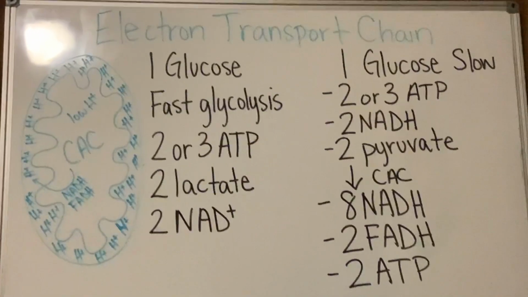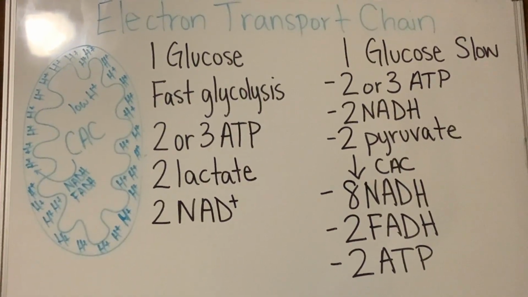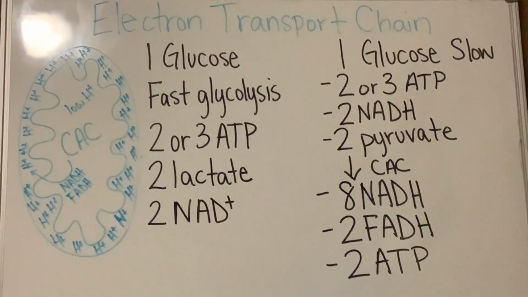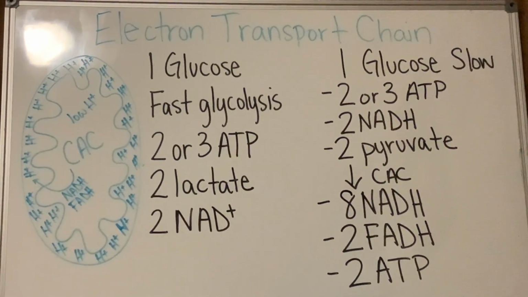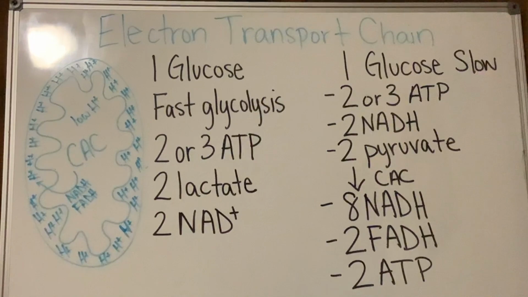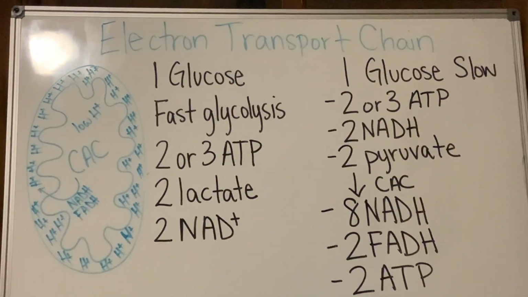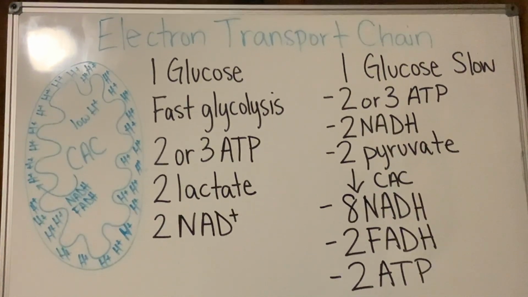If we compare the outcome of one glucose molecule through fast glycolysis or slow glycolysis, we can see there's a definite increase in the amount of ATP generation if we are able to fully oxidize and reduce glucose.